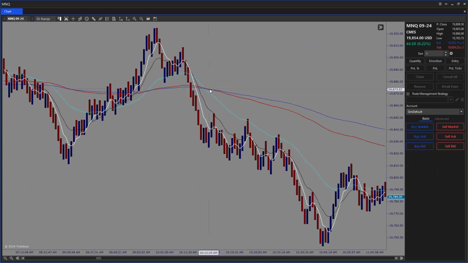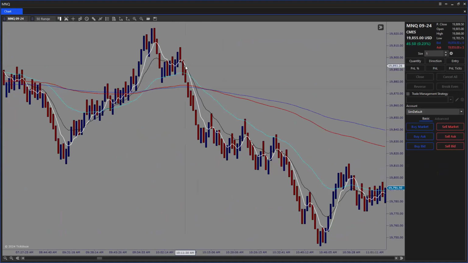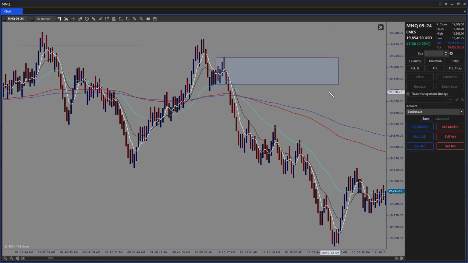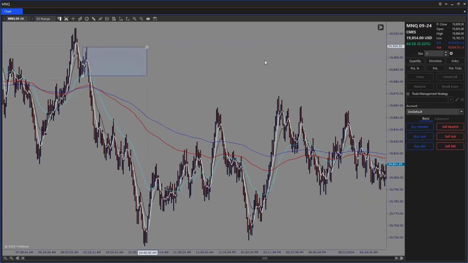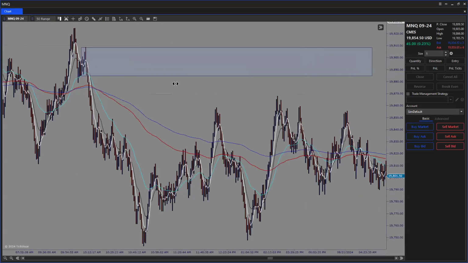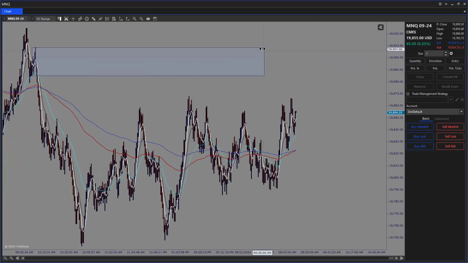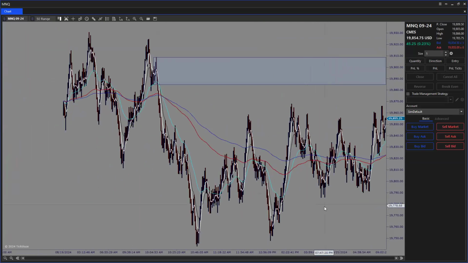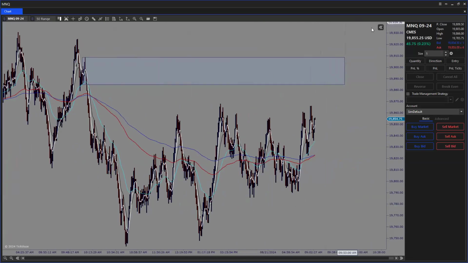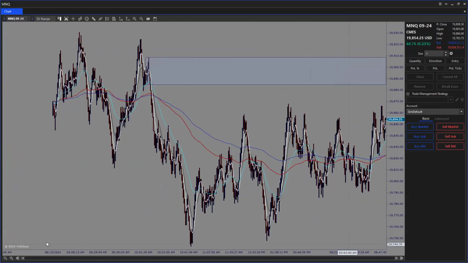All right, so here's the cross up and to the left. There's the cross down. Here's the zone down to the up. Let's see if there's any others. No, that's it. Cool, that works.